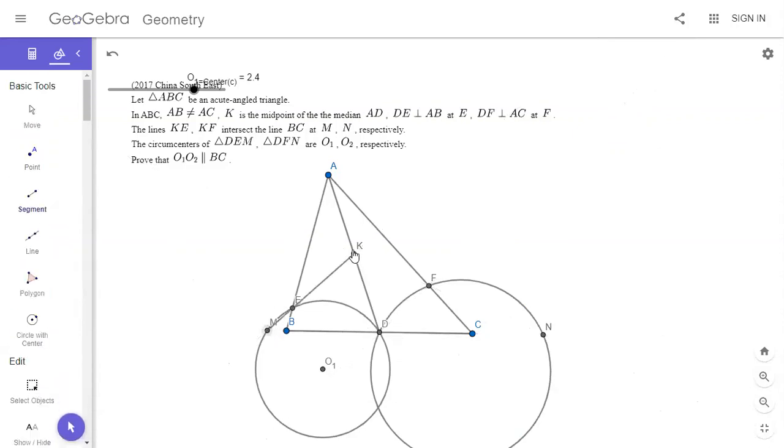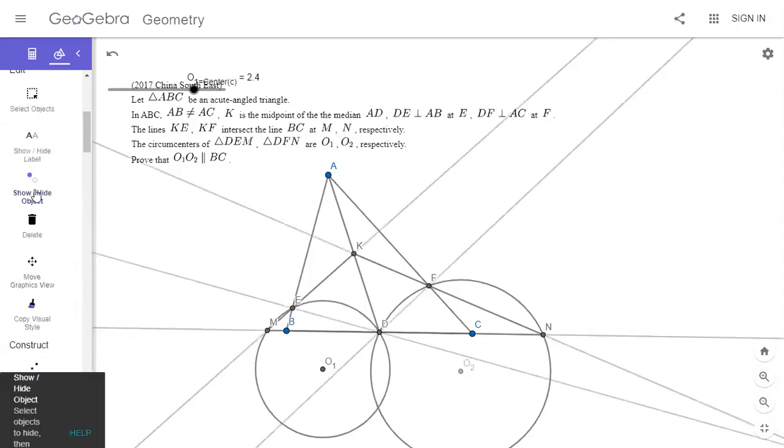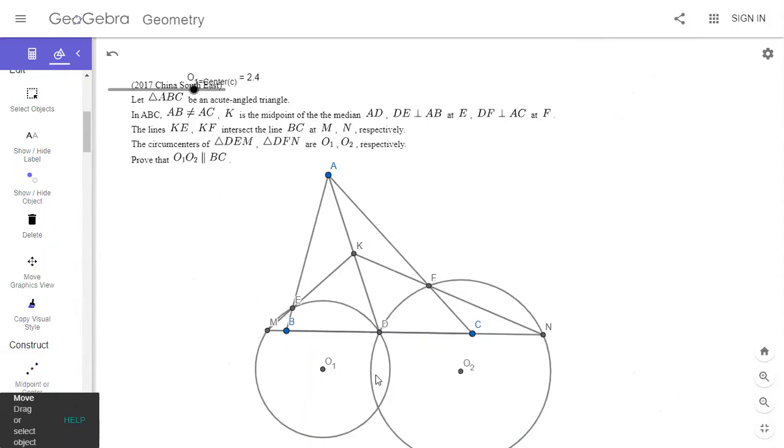Okay. All right, which is the same as showing that if we draw the circumcenter of ABC, it lies on the radical axis of those two circles.